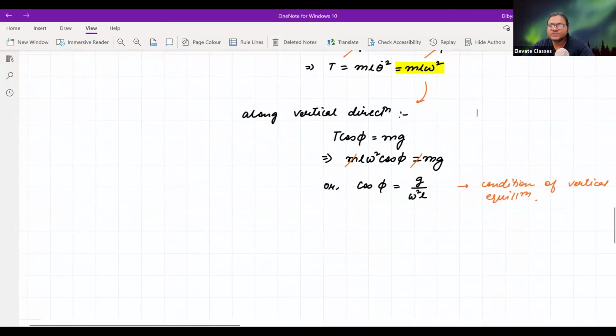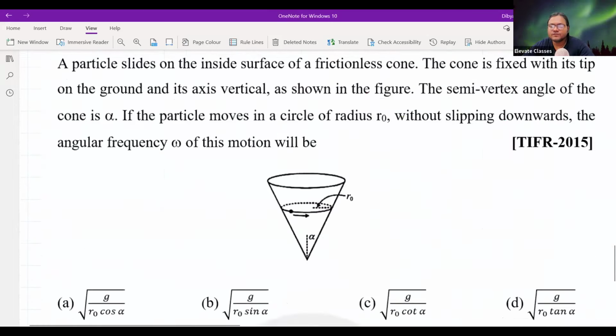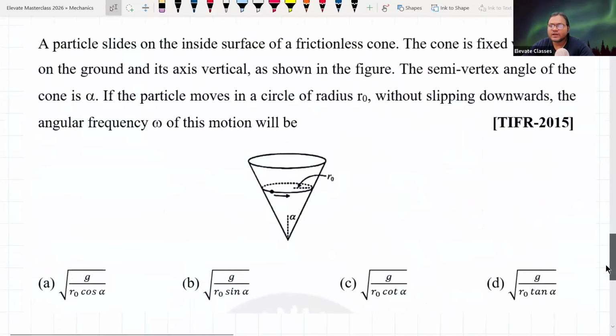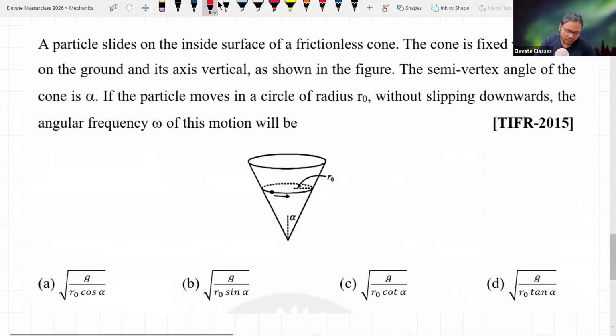Please try this question. This is a question from TIFR 2015. आप खुद से एक बार try करो if you can solve it or not. Take out your pen, pencil, notebook and try to solve this question.